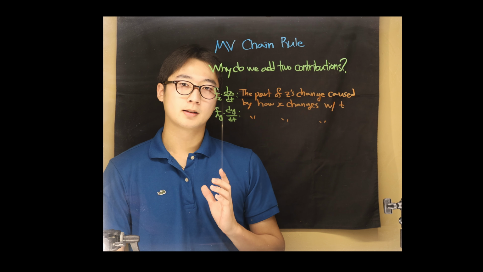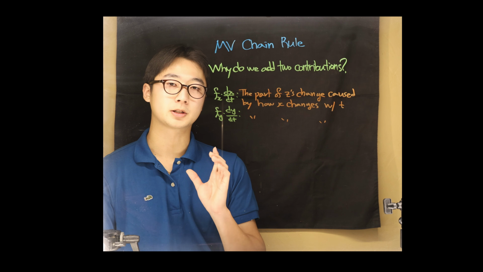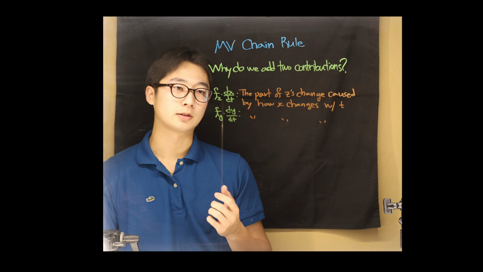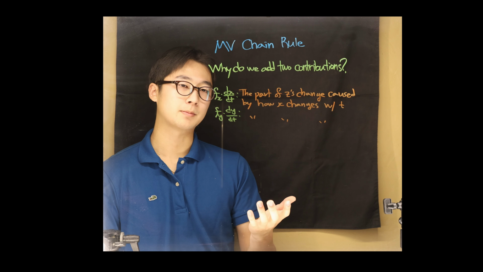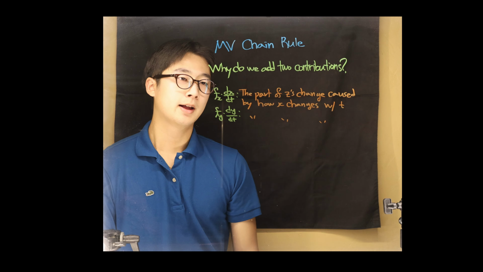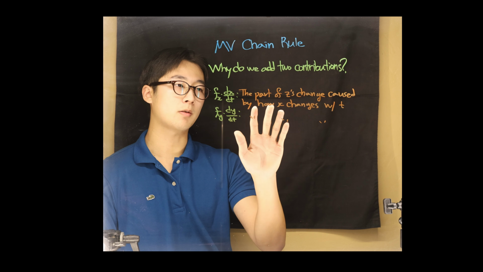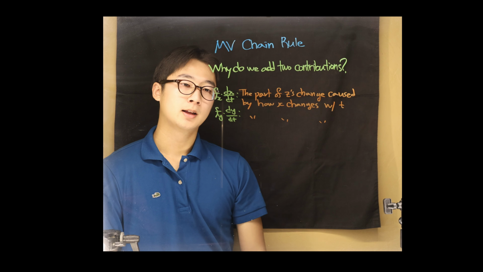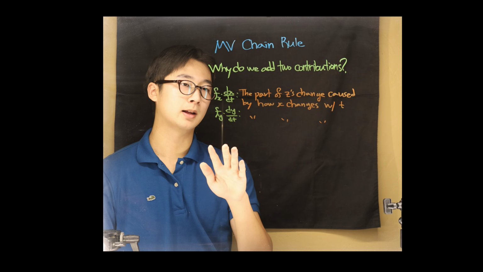So each term tells you how one variable's change contributes to the total change in z. For example, the x part, partial x times dx dt, is basically the part of z's change caused by how x changes with t. The logic goes the same for the y part.